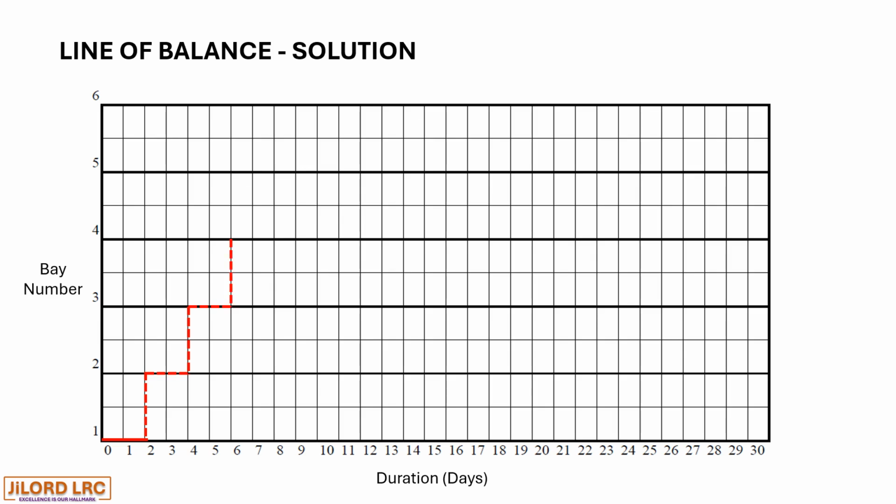And we have the fourth bay being installed from day 7 to 8. And we have the fifth bay installed from day 9 to 10. And we have the sixth bay having its pile installed from day 11 to 12.